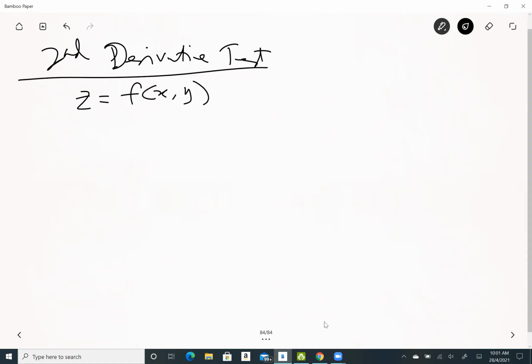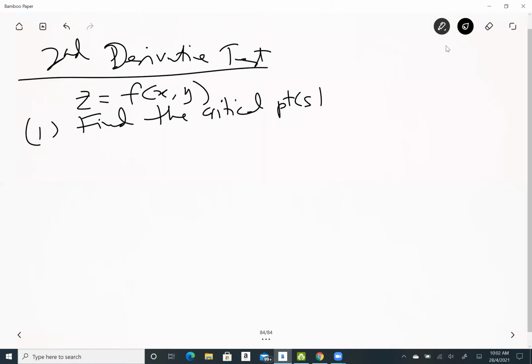So you want to find the maximum or minimum point of this function. First, we find the critical point. The critical point is the first necessary condition. So find the critical point or points if there are more than one.